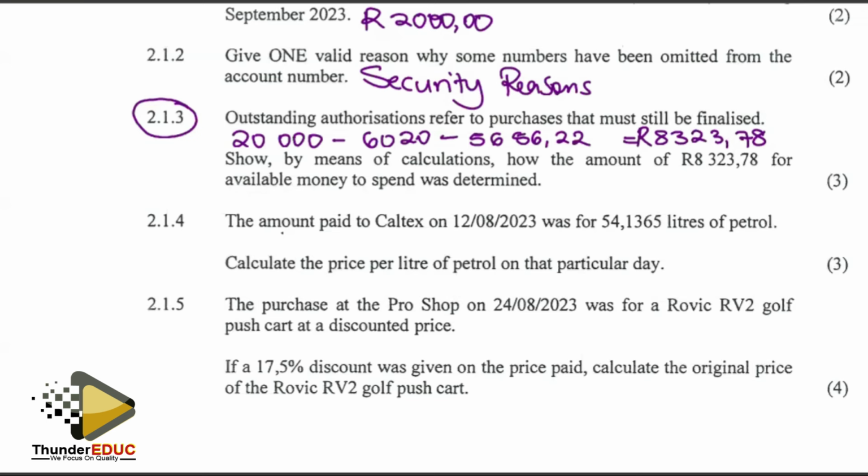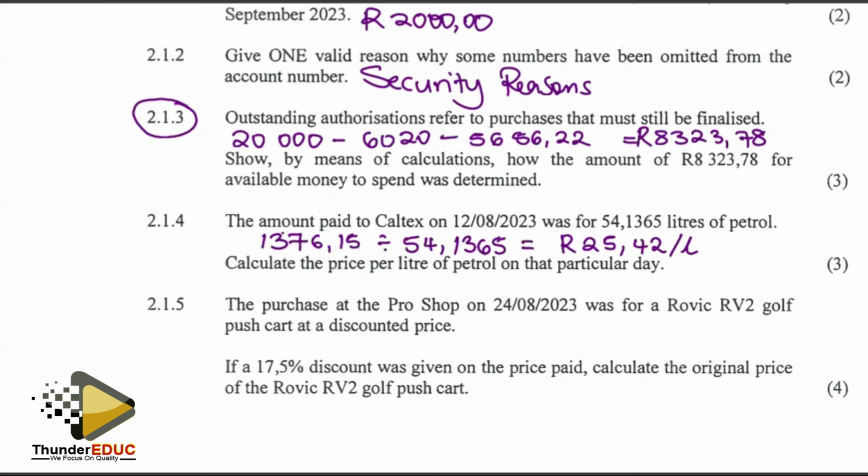So we shall take that money because you're looking for price per liter: 1,376.15 divided by 54,1365, the number of liters. We're looking for price per liter, which gave us 25 rands 42 cents per liter.